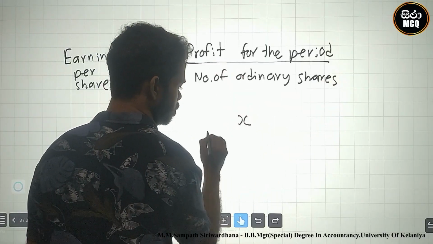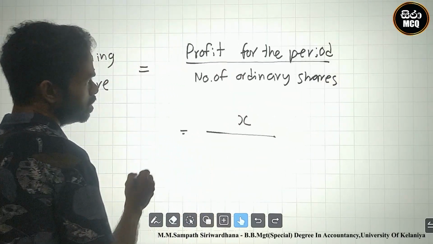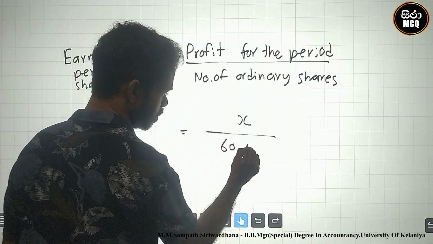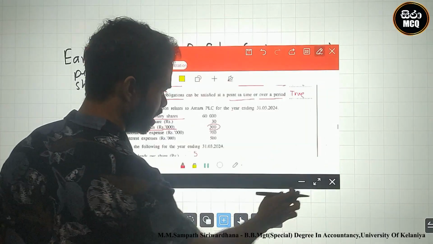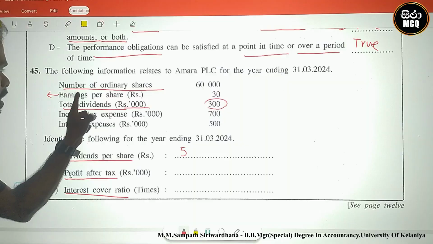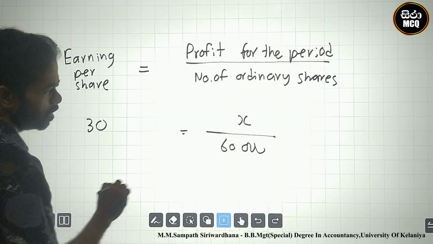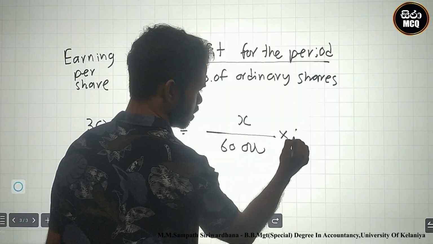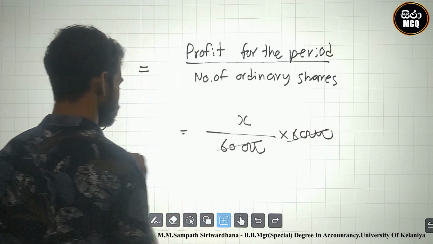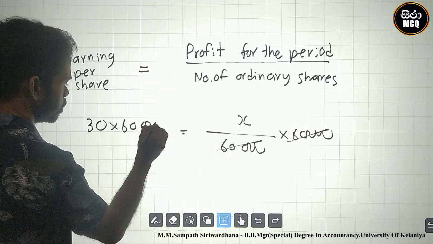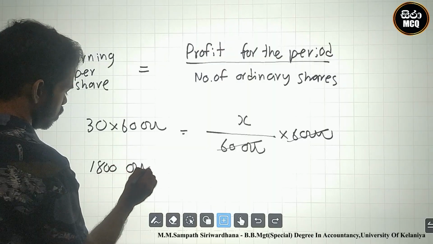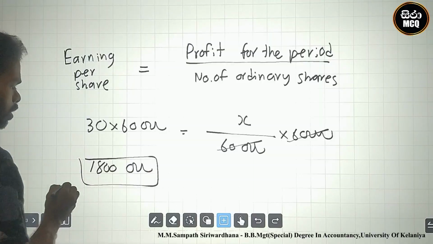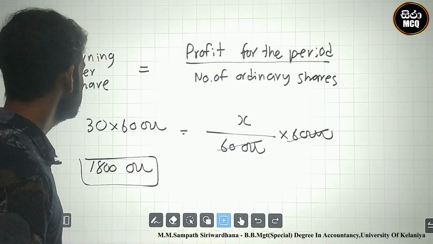Profit for the period is X. We don't know this. The number of ordinary shares is 60,000. Earnings per share was already given as 30 rupees. Therefore, X equals 30 multiplied by 60,000, which is 1,800,000, that is 1.8 million rupees.